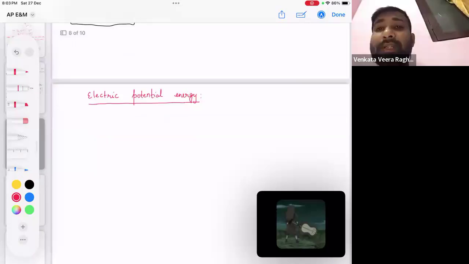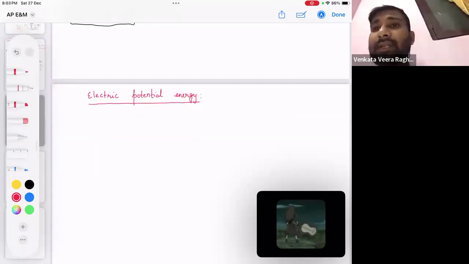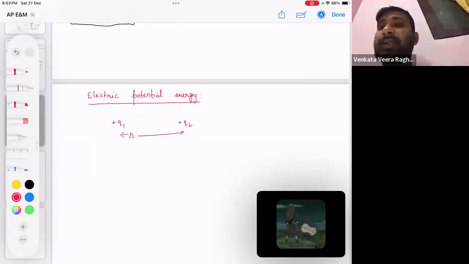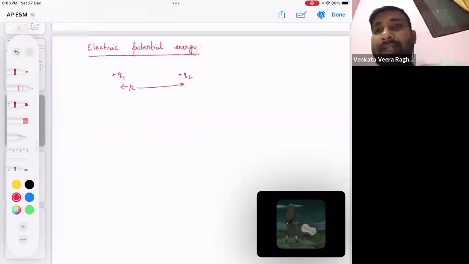So electric potential energy or electrostatic potential energy means the potential energy between the interaction of two charged particles. So let's say one charged particle is q1, the other is q2, and these are separated by a distance r. So the electric potential energy of this arrangement of charge will be how much? K q1 q2 by r.